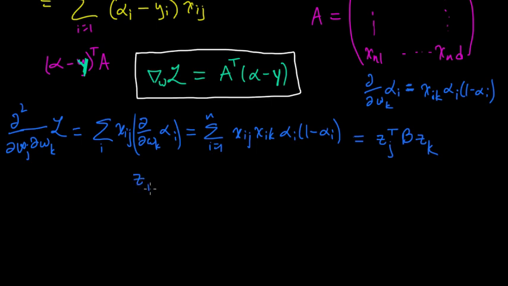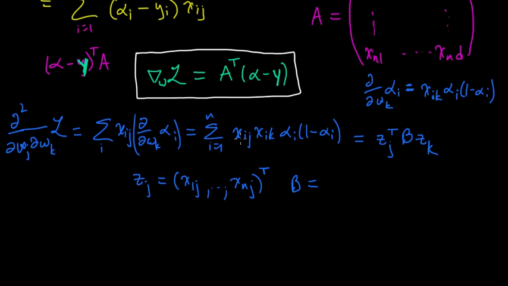And here this zj is going to be the x's, x1j up to xnj. And similarly, zk will be the same thing, but with k instead of j, transposed. And this B matrix is a diagonal matrix.